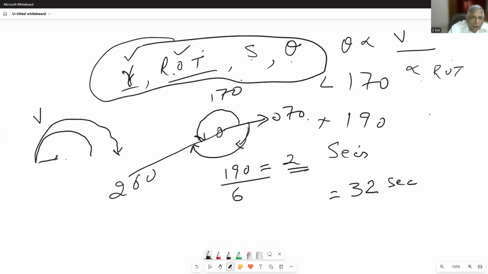Although these are not in terms of numericals, they are conceptual questions. So if you increase your theta, keeping your V constant, bank angle increases, radius will decrease, and your rate of turn will increase.